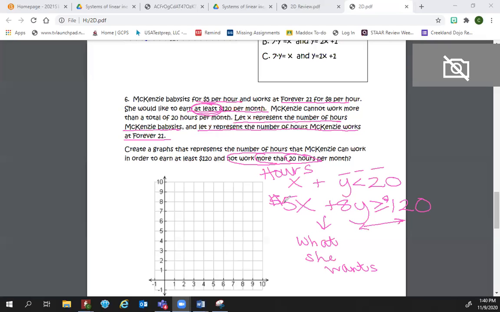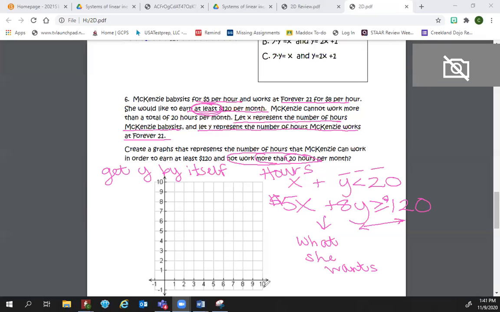But you guys can't graph it until what? Get Y by itself. Should there be shading involved? Yes, it's an inequality sign. What does the X represent? The X tells you hours, what?